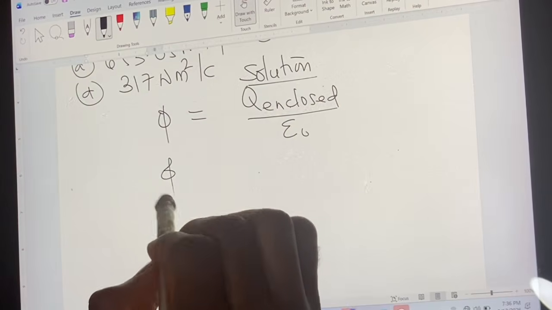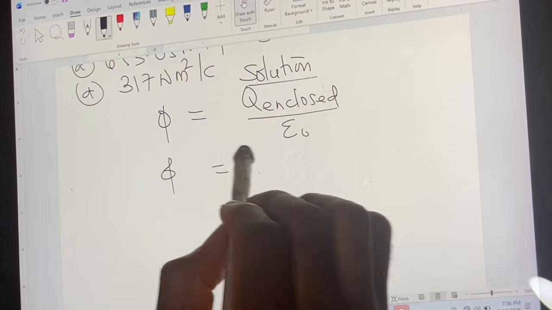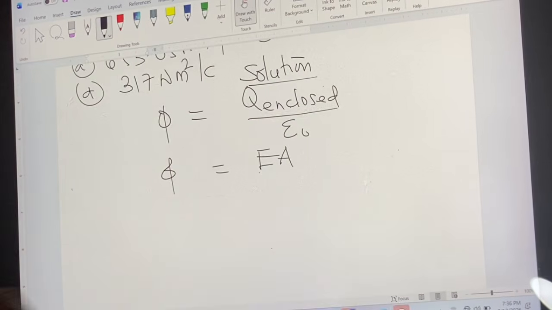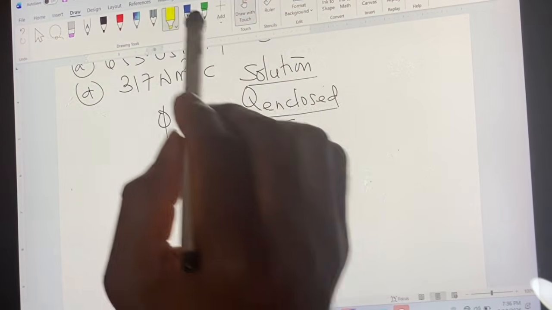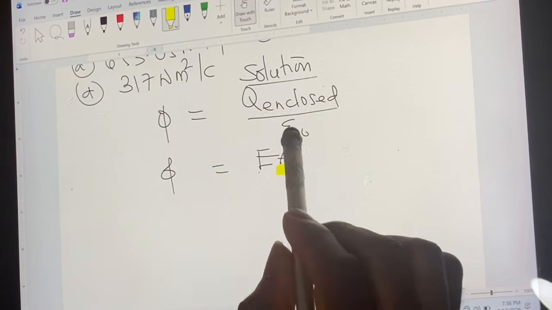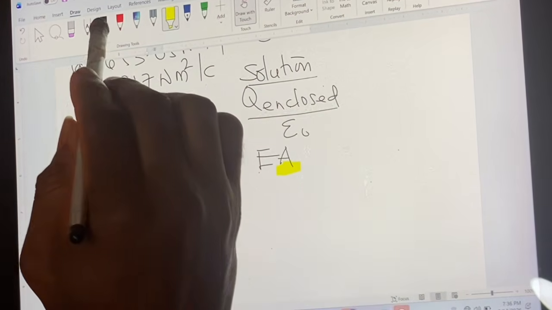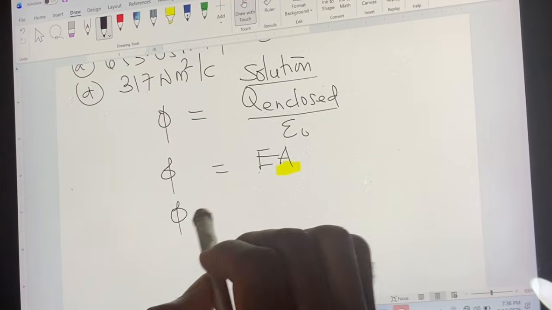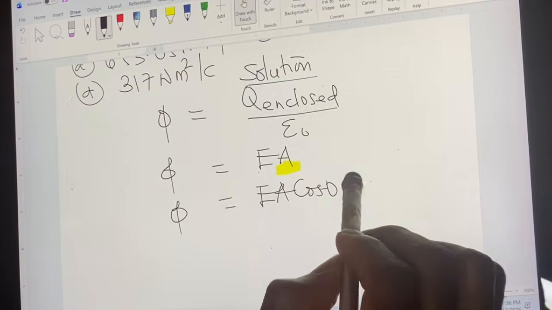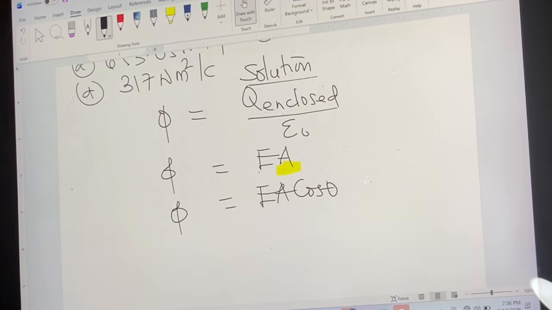The second one related to electric flux is phi equal to EA, where E represents electric field and A represents an area, and this area depends on the shape. Please take notes. And the last one here is EA cos theta. This is used for an inclined plane.